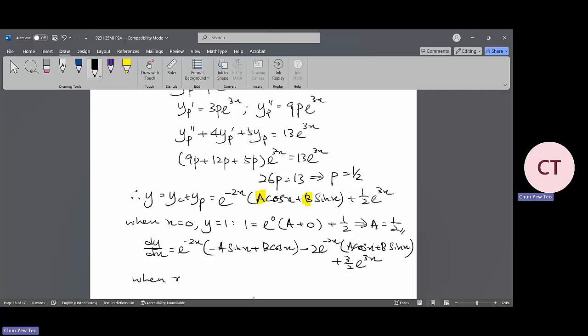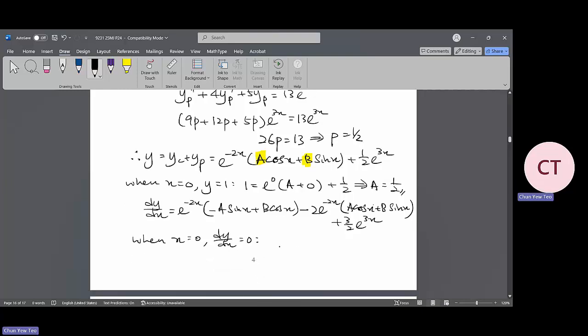So when x is equal to 0, your dy dx is 0. So you'll be having 0 equals to e power 0, 0 plus B minus 2 A plus 0, plus 3 over 2. So you will get B minus 2A is equal to 3 over 2.